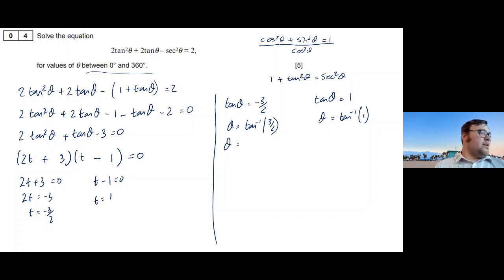Theta for the first one is going to be minus 71.57, and for the other one it is going to be 45 degrees.